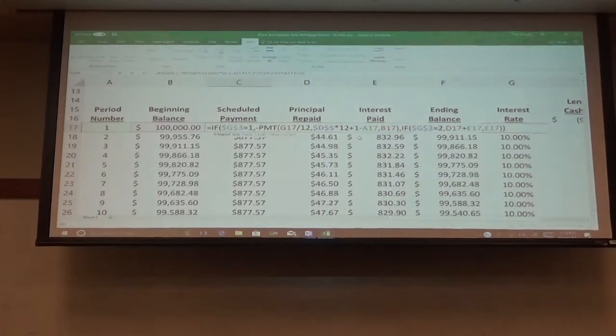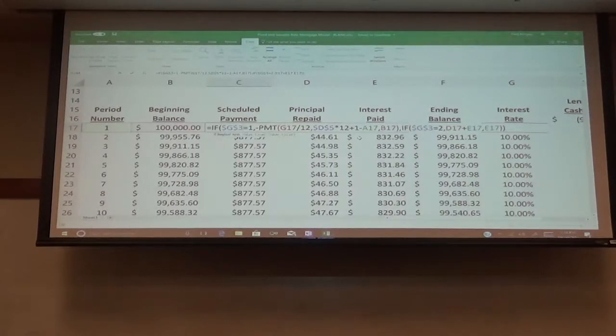G17, 12, that's 5, that's 5, that's 12, comma. All the way down.